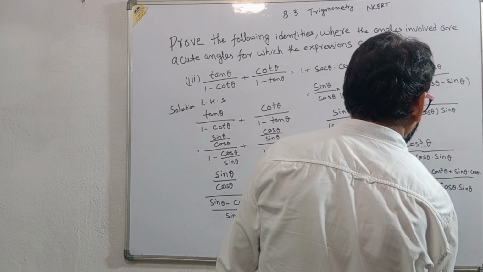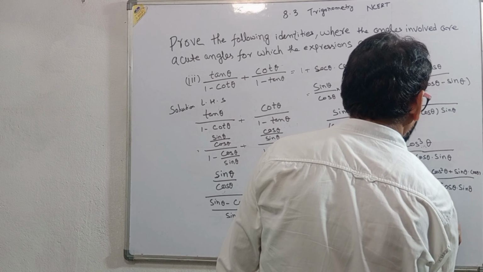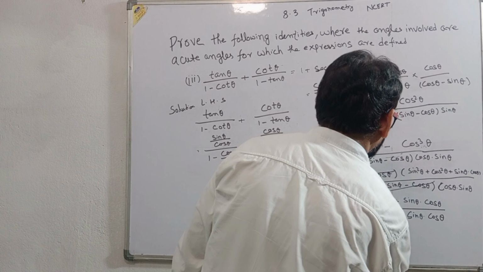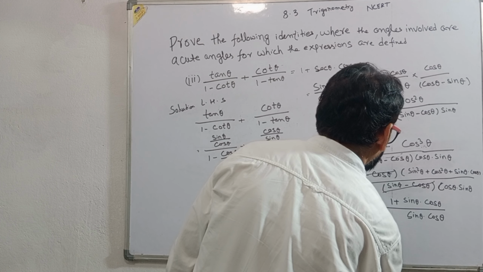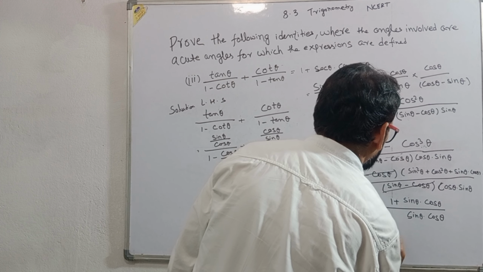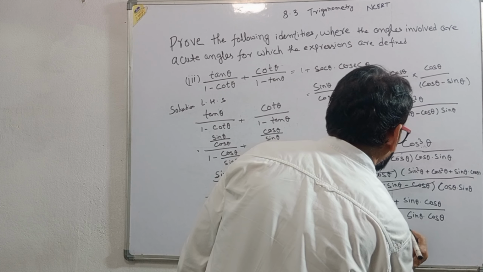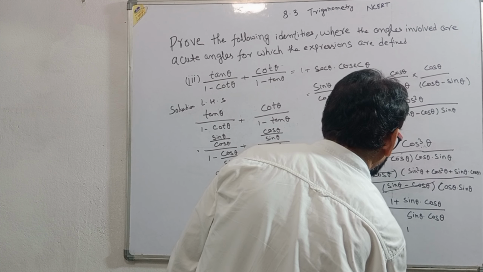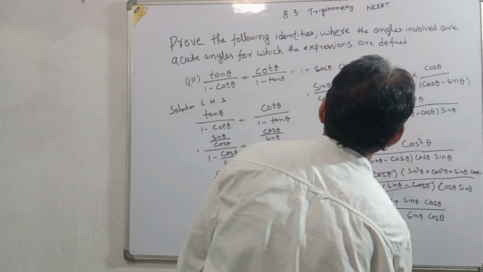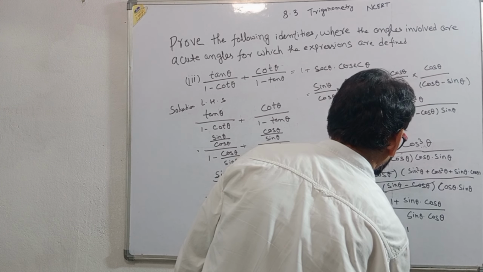Here sin theta into cos theta plus 1. Now this opposite, 1 plus sec theta into cosec theta.